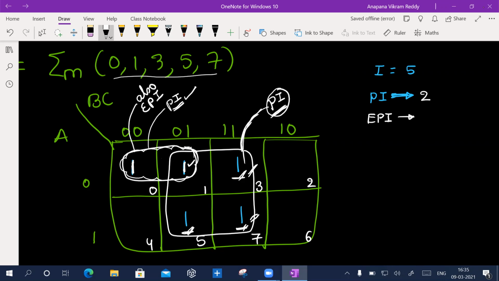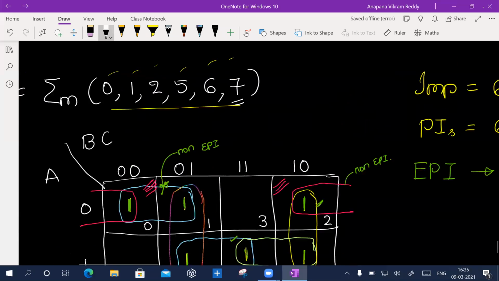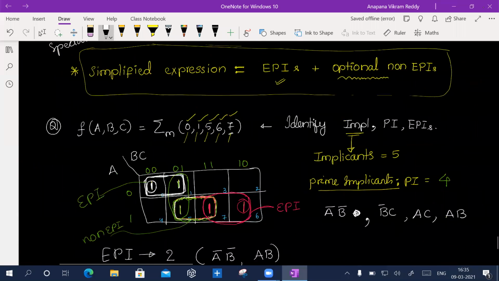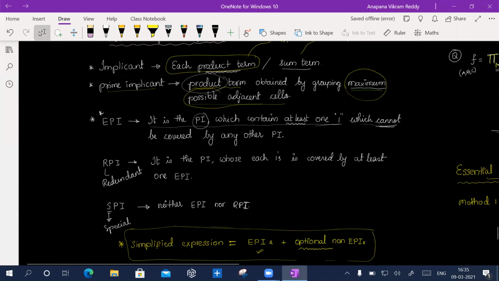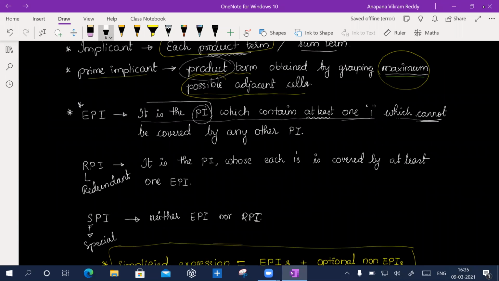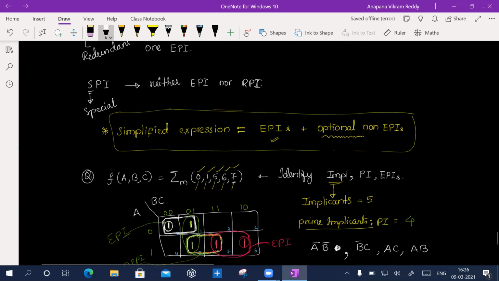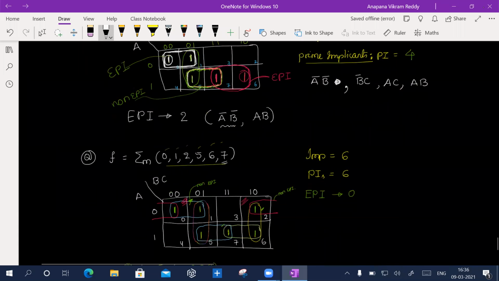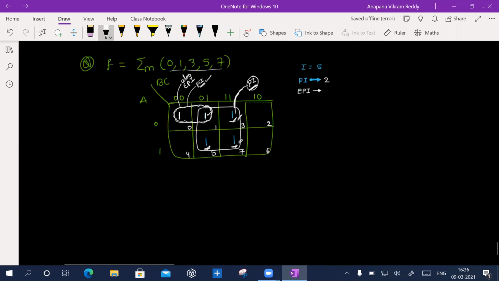I'm telling you, no, not like that. It is the prime implicant which contains at least one cell which cannot be covered by any other prime implicant. So there is a communication with PIs only. So how many PIs I have? First of all, tell me. 2, sir. Yeah. So there is communication with only 2 PIs.